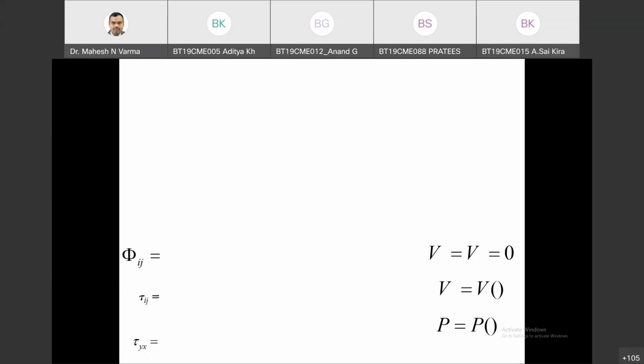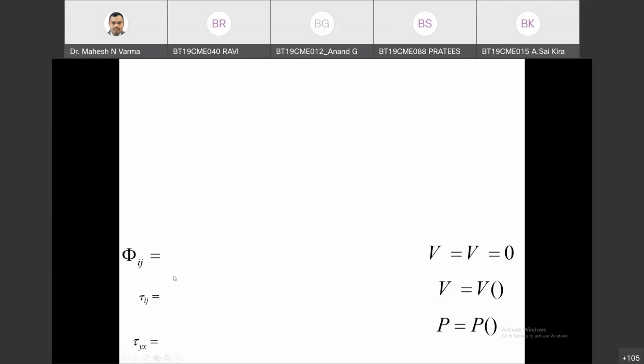Very good, Vikram. Roll number 40, Ravi. What is phi ij? Sir, it is a convective flux. Is it convective or conductive?